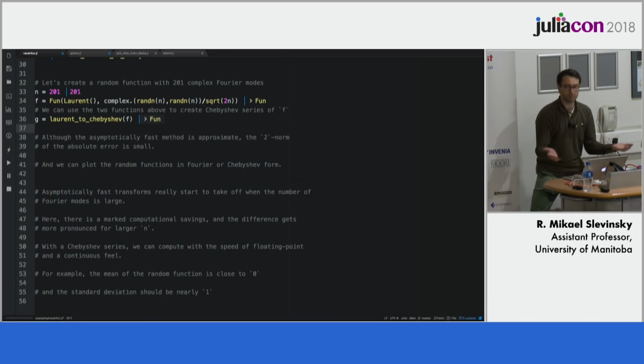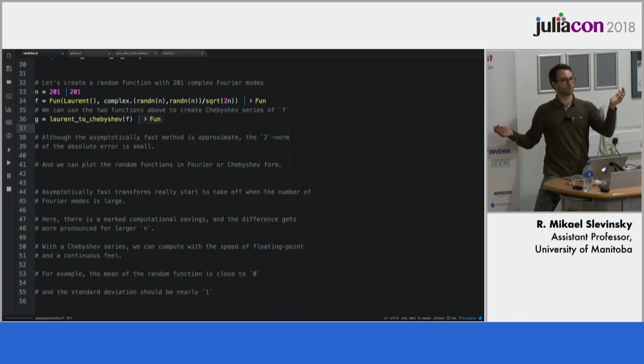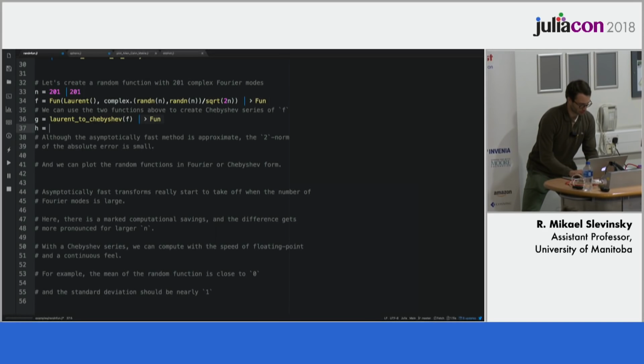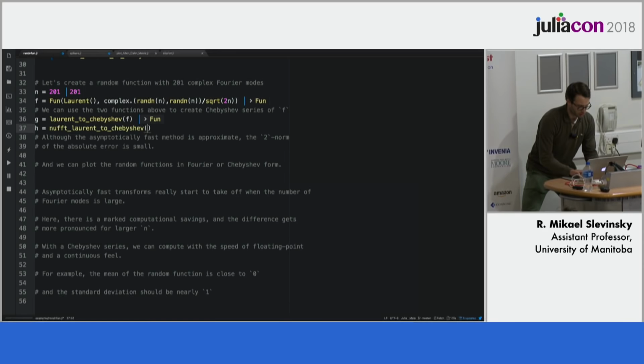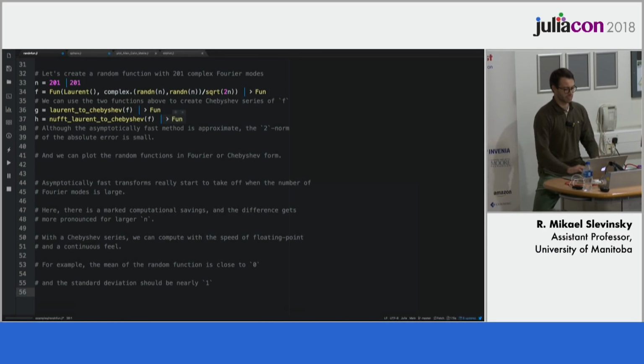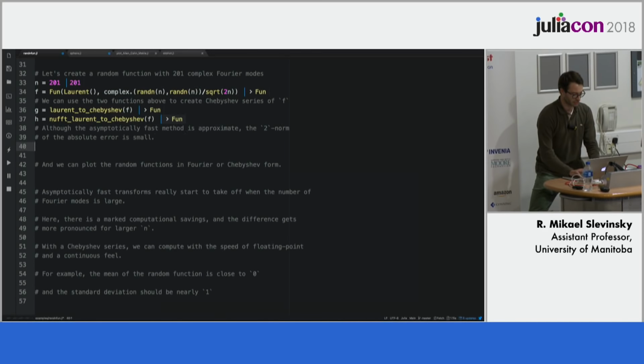Okay, so that was reasonably fast because it's just 201 Fourier modes. But we'll go to 10,000, 100,000 in a second, and we'll see how the NUFFT does. We can do the exact same thing with the NUFFT, and because we now have two Chebyshev representations, we can just take the norm of g minus h.